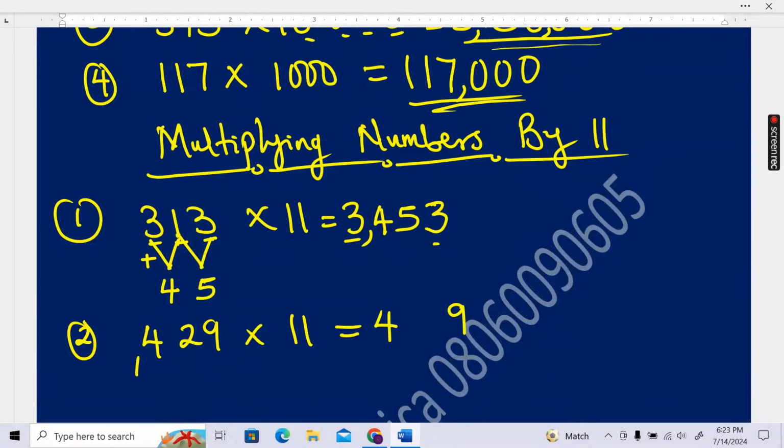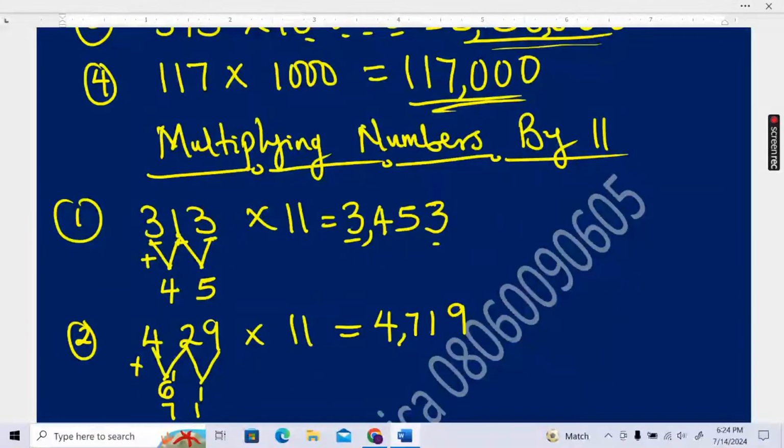Then let's begin to add up the digits one after the other. 4 plus 2 will give us 6. 2 plus 9 will give us 11. Write 1. Carry 1 over to be added to 6. When you add that 1 to 6, that will give us 7. So write 7, 1 in between the first and the last digit.